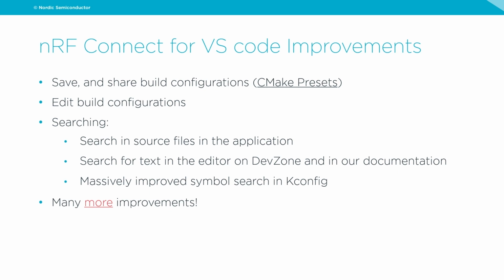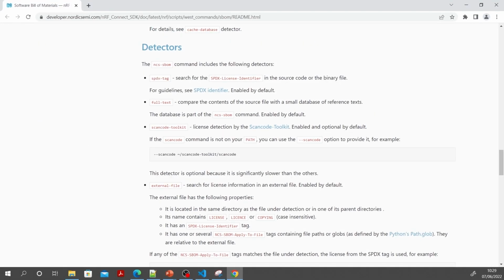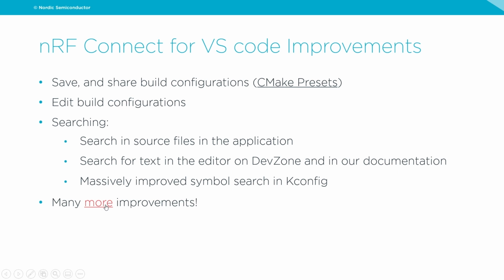The Kconfig symbol search is much improved, and you can always check the release notes of the nRF Connect for Visual Studio Code extension. Our team vigorously works on these improvements.